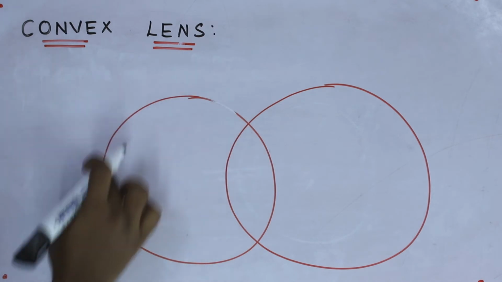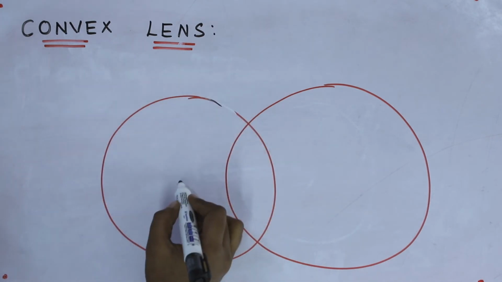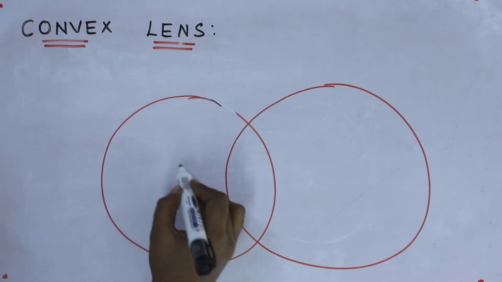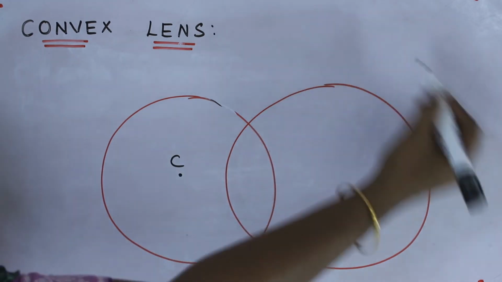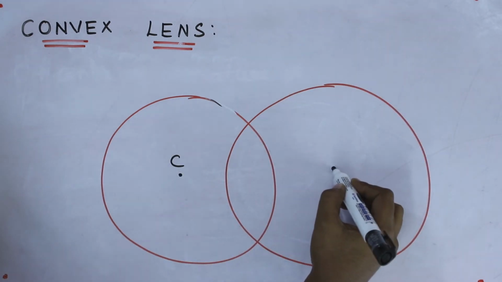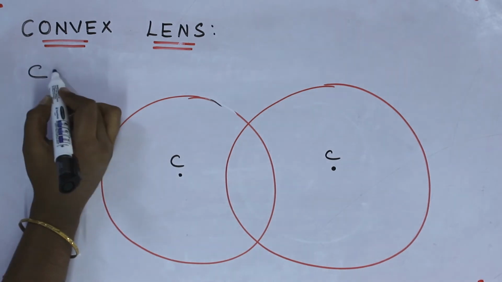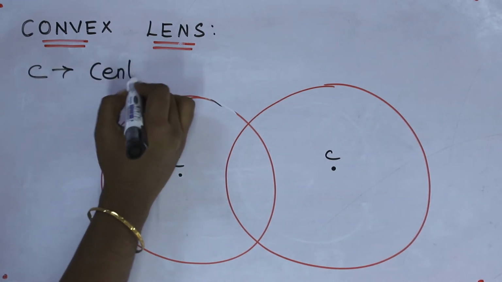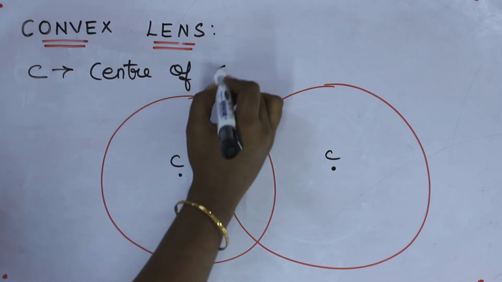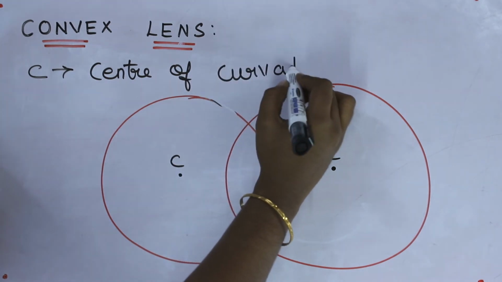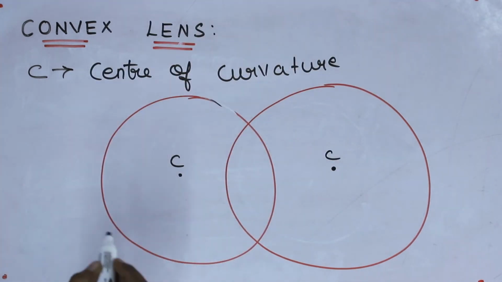Now, as I said, this is one spherical surface. The spherical surface will have one center point. I am naming it as capital C. And this spherical surface will also have a center point, which I am naming C. So C is nothing but the center of curvature.